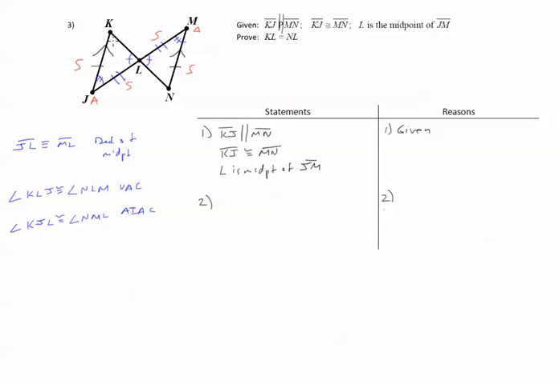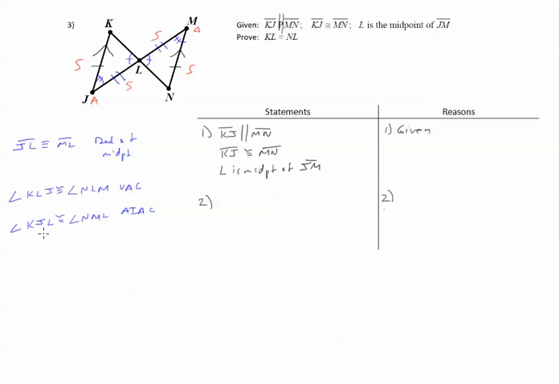Now we could have gone the opposite direction, and we could have used the vertical angle and the fact that these two are alternate interior angles, angle JKL and angle MNL, and that would have given me side angle angle. So if you went that way, there's more than one way to skin a cat. There's more than one way to do these proofs. I'm going to stick with this method.